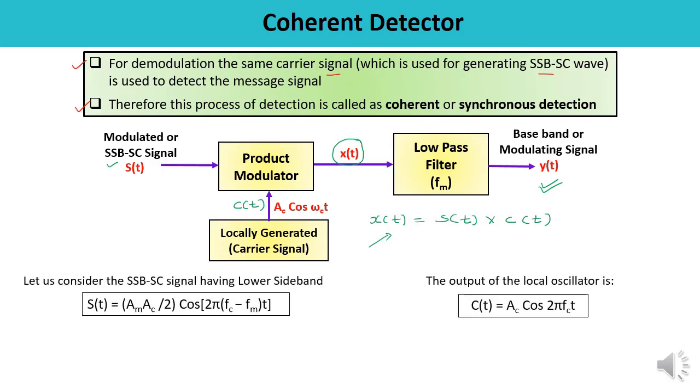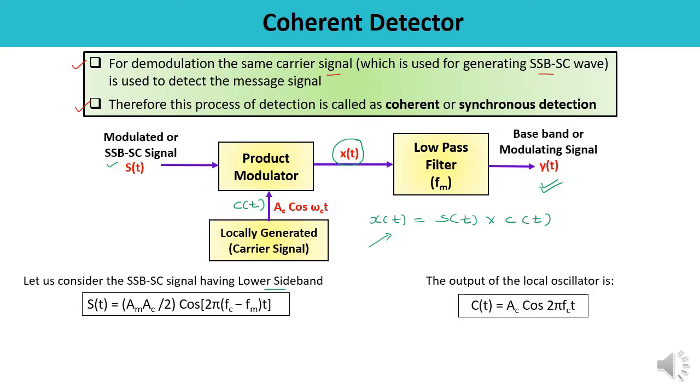Let us consider the single sideband suppressed carrier signal having the lower sideband. We can do the analysis by taking the upper sideband as well. So s(t) can be written as Am Ac upon 2 cos(2 pi (fc minus fm) t), if you write it like an SSB-SC signal.